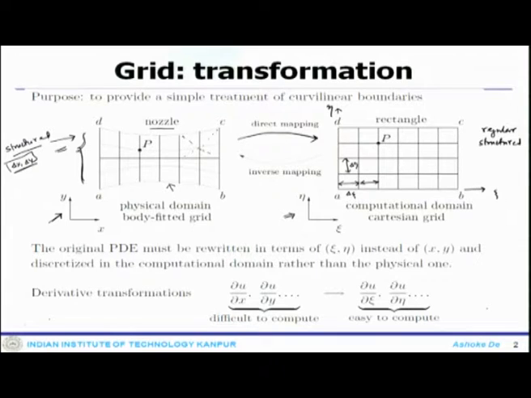So, it helps you to transform a curvilinear system like this kind of geometry. It could be a cylinder, it could be a U bend, anything of this nature in a complicated system, you can always convert to this rectangular system. Now, physically what you are going to do is solve your problem in this particular domain.